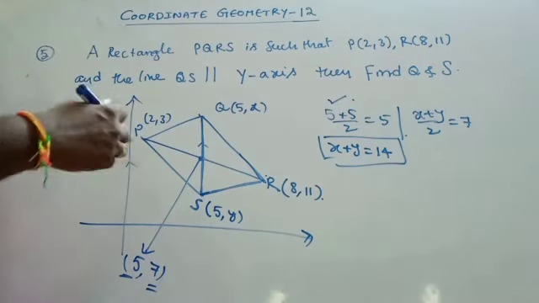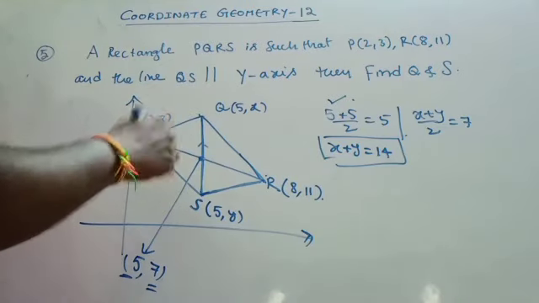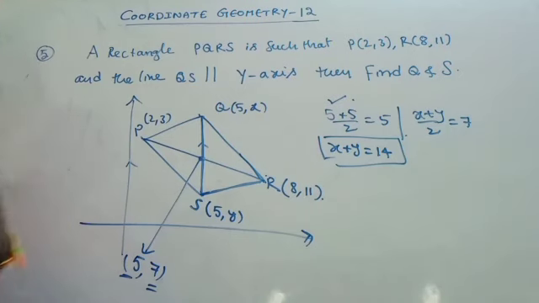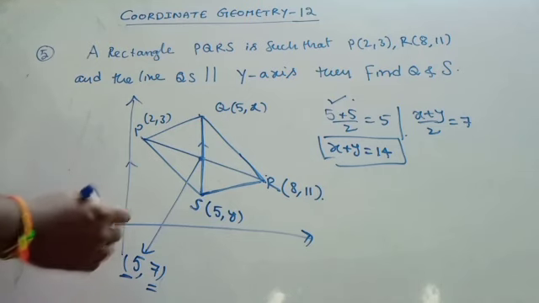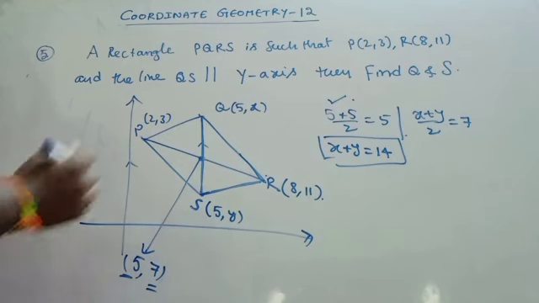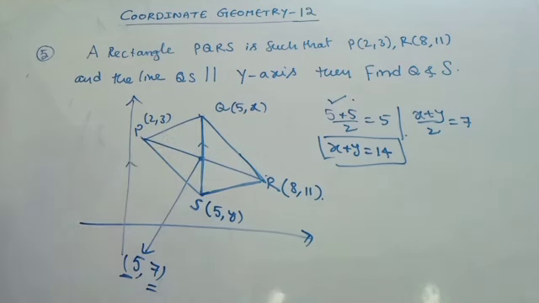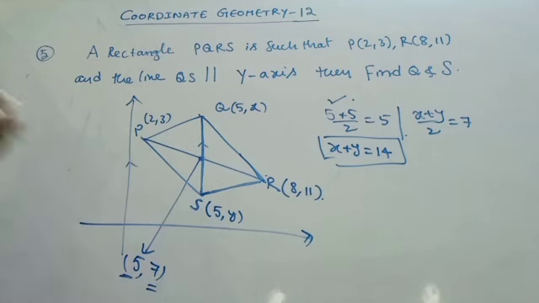Now we need to get the x value and y value. There are many possibilities, but we will get one more equation, and from that we try to get the values. How are we going to get that? Let us try to find the distances. Here you know we can use the fact that the diagonals of a rectangle are equal.